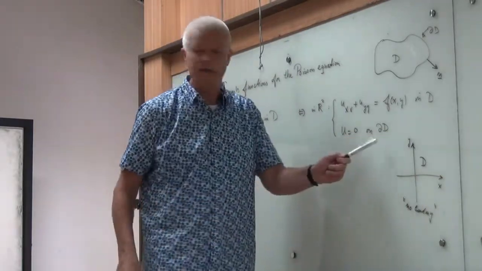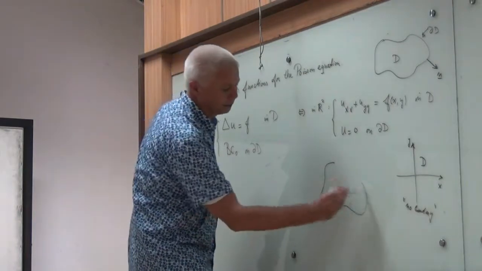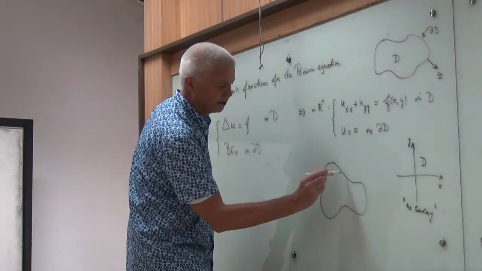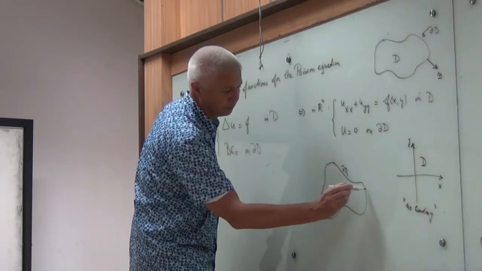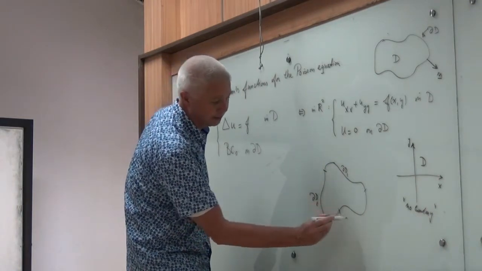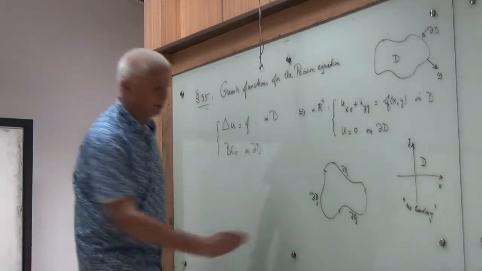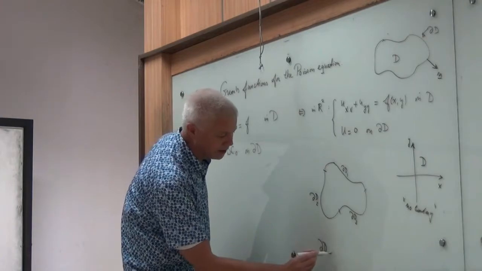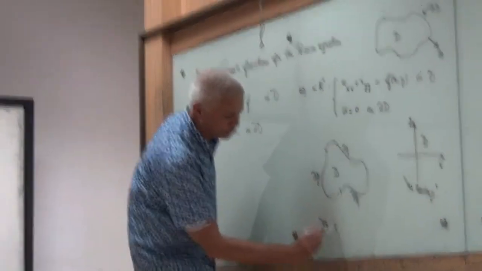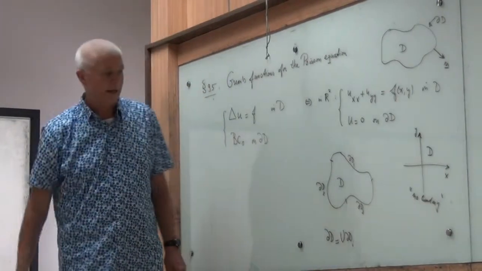Yeah, so you may subdivide this boundary in more than one boundary, and then your D might also be something like this. That this is your boundary D1 up to here. Then you have here a boundary D2 up to here, and here you have a boundary D3. Yeah, so that means then that your boundary of D, if this is D, is the union of all the boundaries.